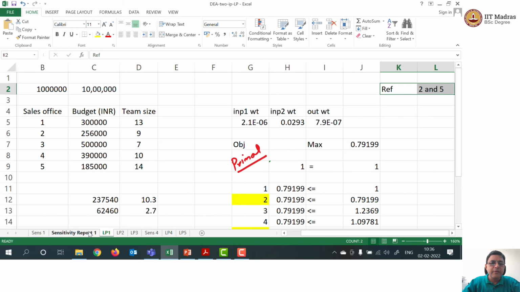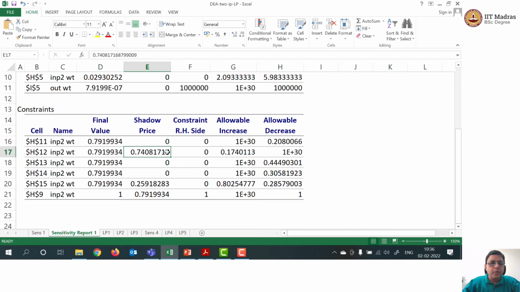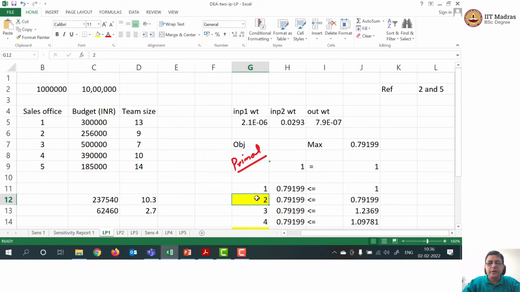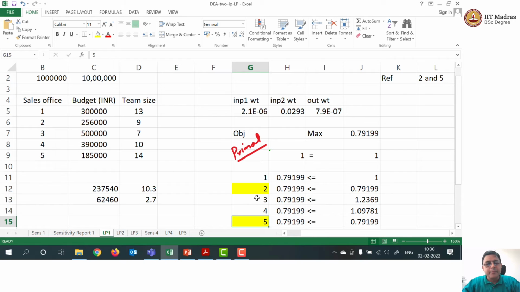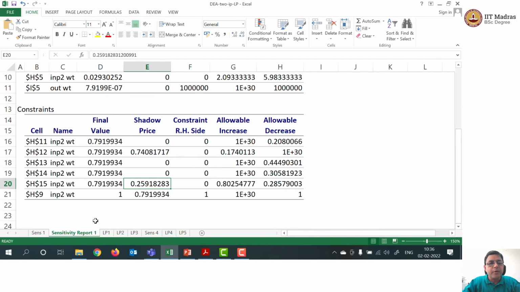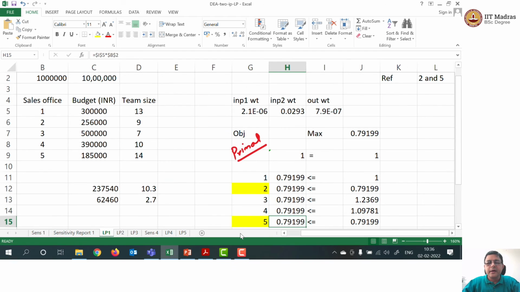We simply looked at the dual variable values, and these are the only non-zero values, 0.74 and 0.259. 0.74 corresponds to the dual variable for constraint number 2, which was for DMU2, and 0.259 corresponds to constraint number 5, which corresponds to DMU5. Therefore, for DMU1, DMU2 and DMU5 are the reference units. I hope that is understood.